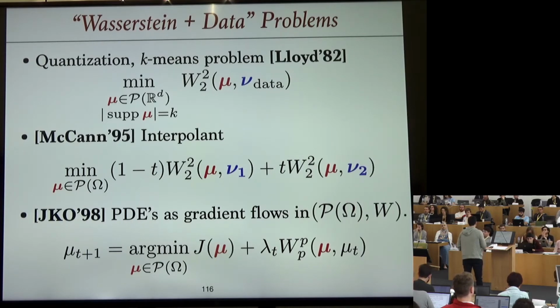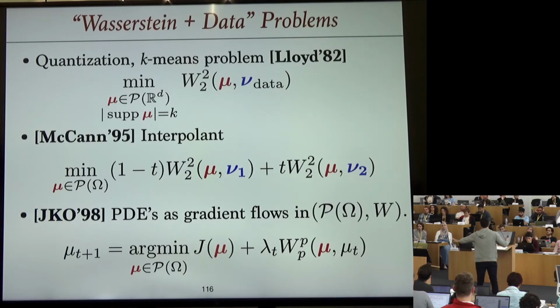So minimizing this, Wasserstein 2 of a measure mu which has k atoms to a measure of data, is the same thing as k-means. And so k-means somewhat is a particular case of the Wasserstein minimization problem. Then the other problem that you can think of, and that we saw yesterday, was this idea of interpolating between two probability distributions.